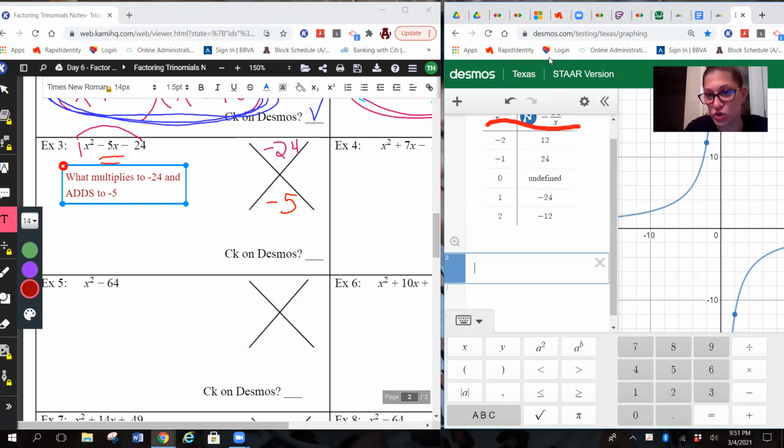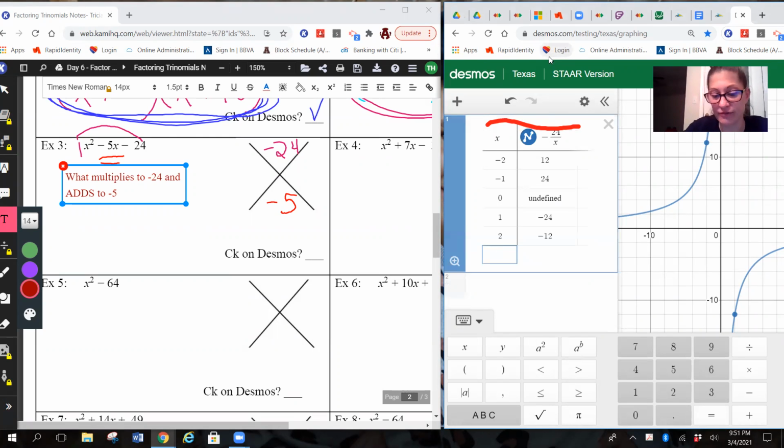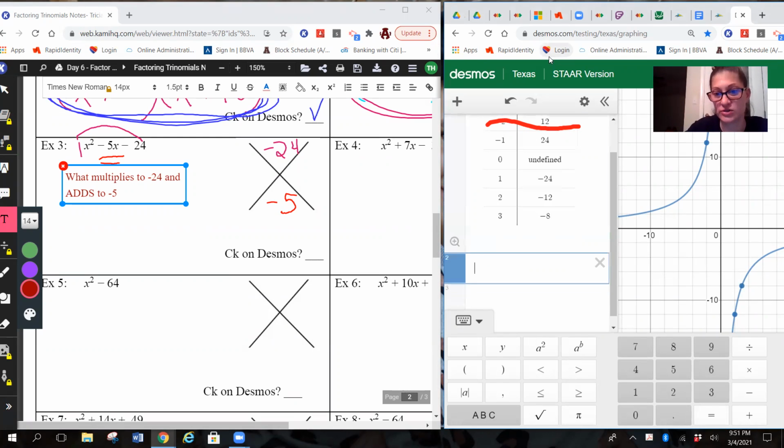Okay, let's do 2 plus negative 12. Negative 10. That doesn't work. I'm trying to get a negative 5. So let's try 3. And let's do that. 3 plus negative 8. There it is. It's negative 5.